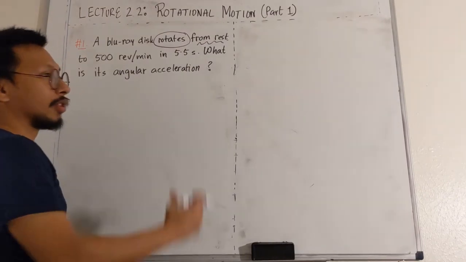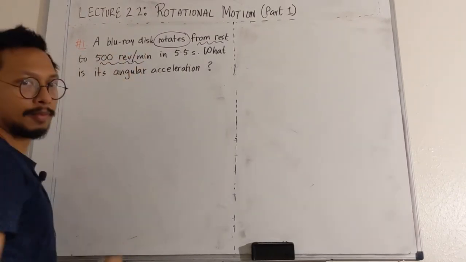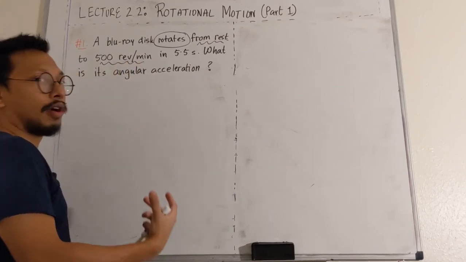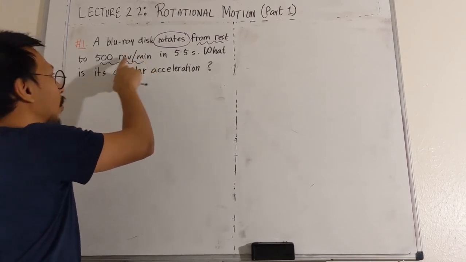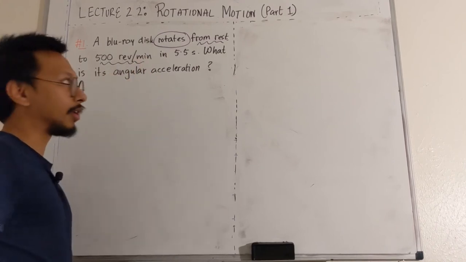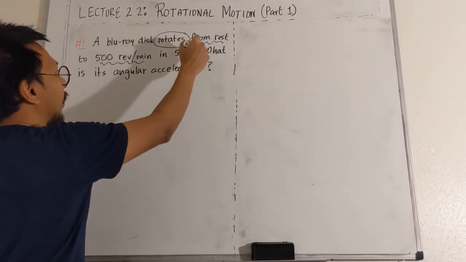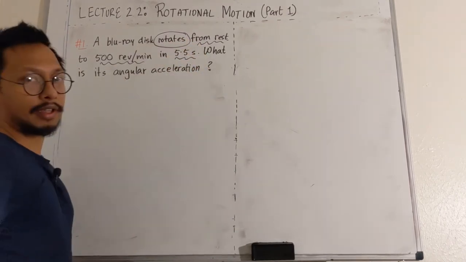So initially it was at rest to 500 revs per minute, and revs per minute is the unit for angle over time, right? Angle over time means we are dealing with the final angular velocity in 5.5 seconds. So the time is also given. What is its angular acceleration?